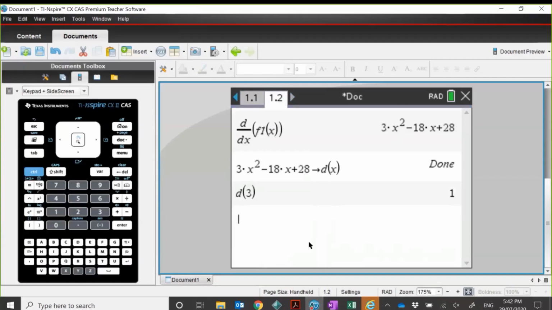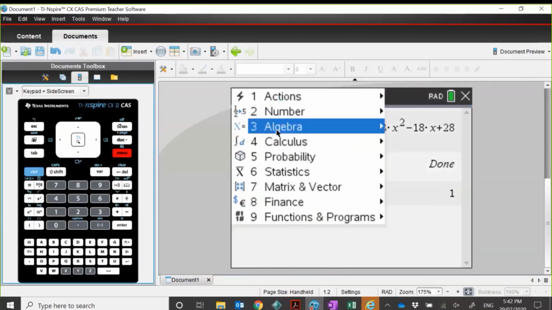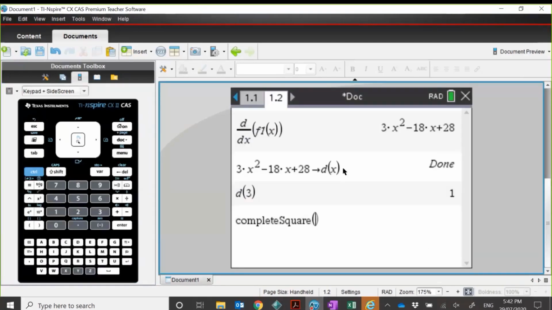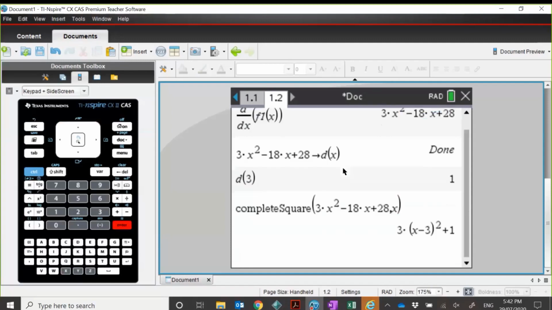If we do completing the square on the derivative, so I'm going to go menu, algebra, completing the square, and I can type in d of x, or I can go up and just grab my derivative and paste it in. So if I do completing the square with respect to x, I get that.